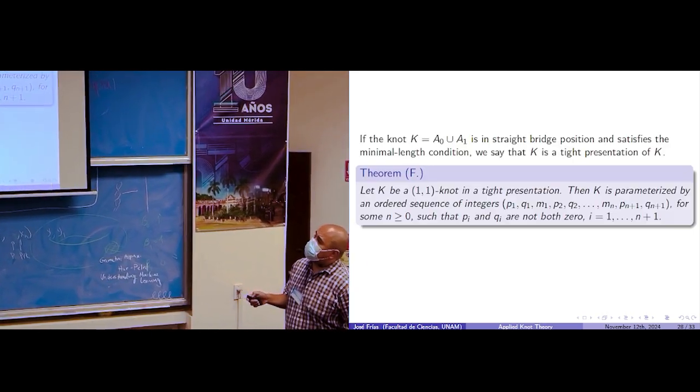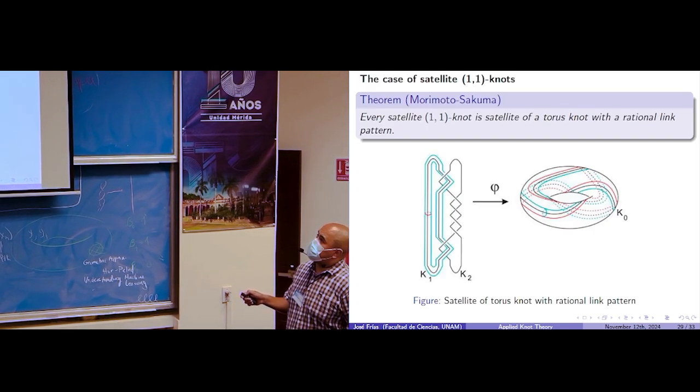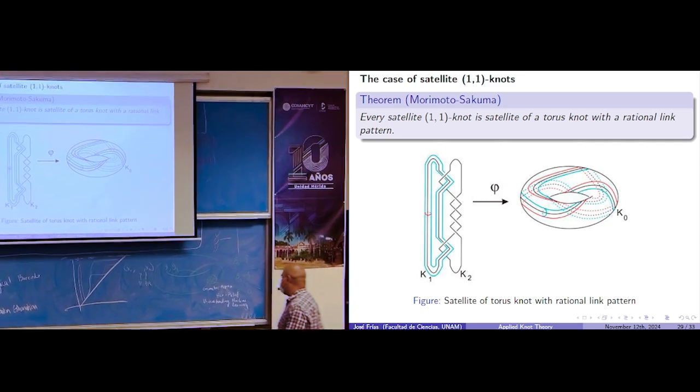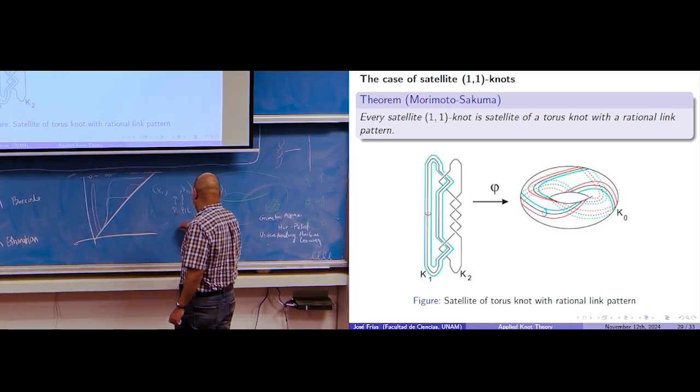So in the case of a subfamily of knots, we started with 1-1 knots. Now we add this adjective, satellite. A satellite knot is simply, suppose you have a knot.